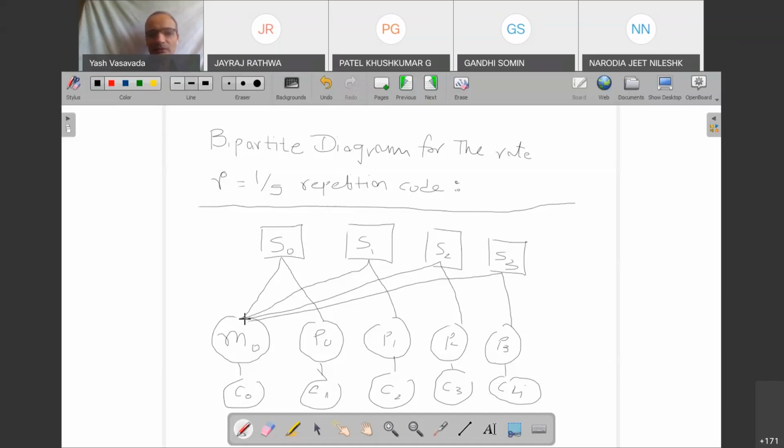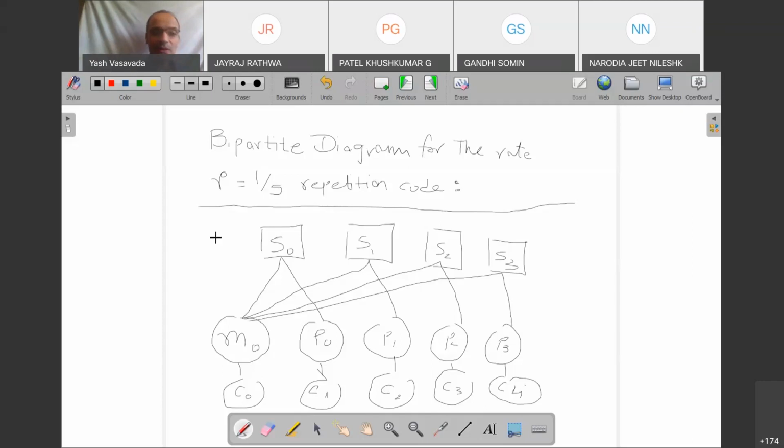So the corresponding values will be 1, and there is no connection here, so 0, then 1, 0, 0, and so on. So it's very easy to draw this bipartite diagram if you can write the H matrix. Or if you have already drawn the bipartite diagram, then from that you can easily write the H matrix.